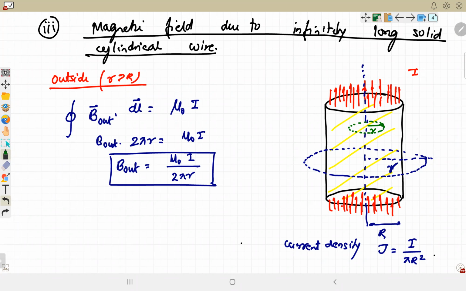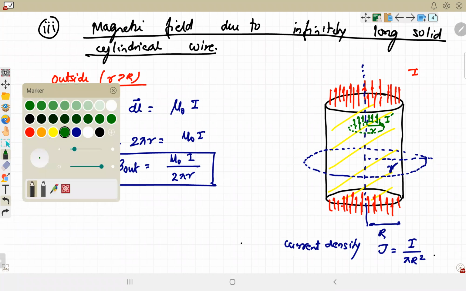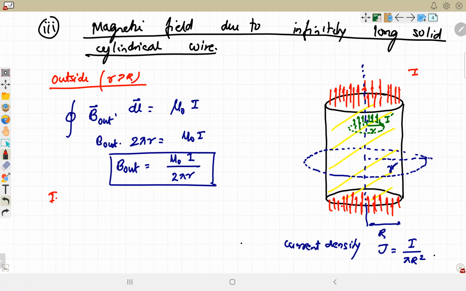Through this loop there will be current passing, though it will be less, I dash. When you consider a point which lies inside, r is less than capital R. B in dot dl will be mu naught times I dash.